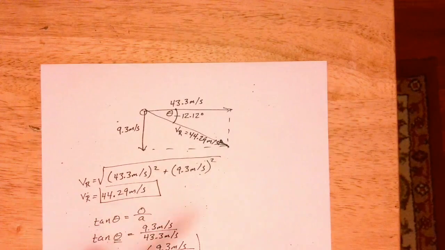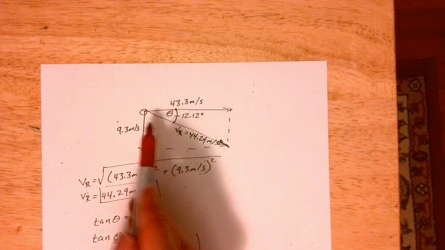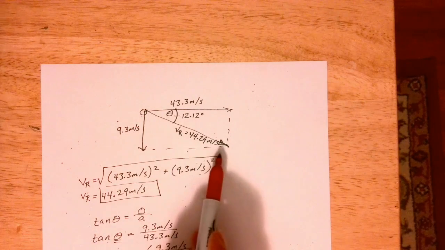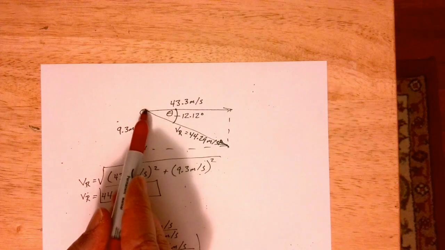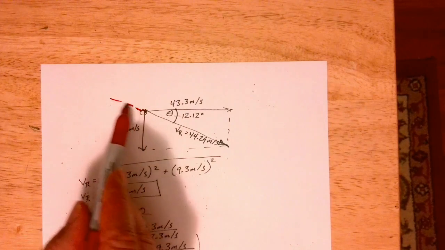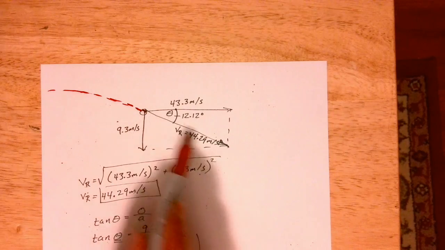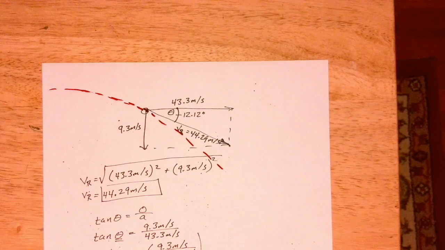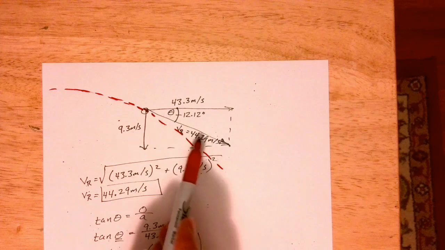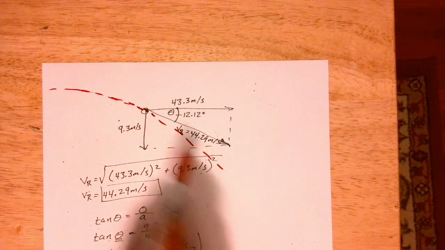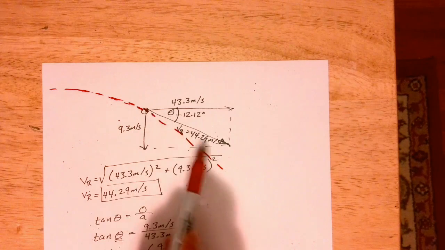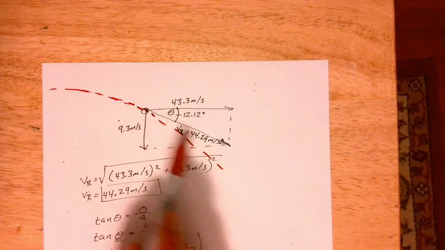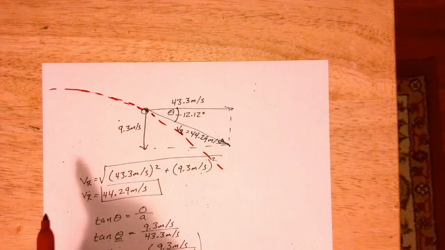So at that point in time, during this projectile's path, we now know it's going to be going downward, and this line right here is going to be tangent to that arc. At that point in time, it's going 44.29 meters per second, traveling at a 12.12 degree angle below the horizontal.